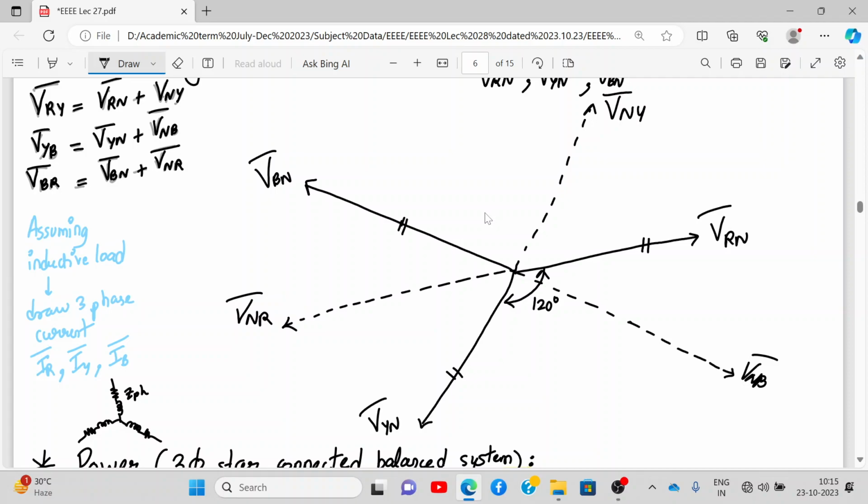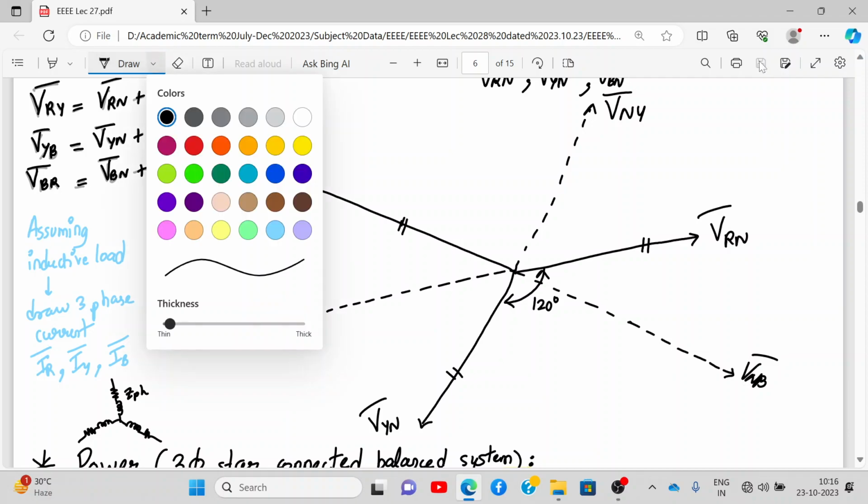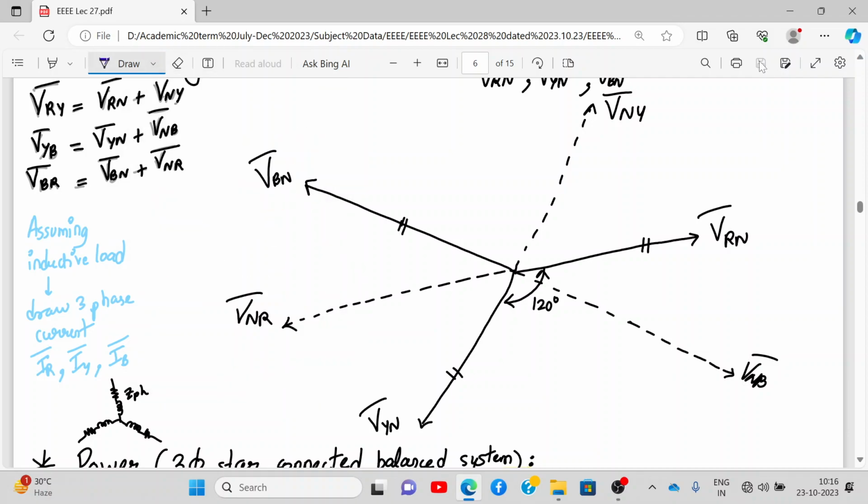Correct? Please draw it up till here. You're learning this concept for the first time, so please concentrate. Blue color you can see properly. Dark blue, okay. Understood? Three phase voltages and the mirror images you have to draw.